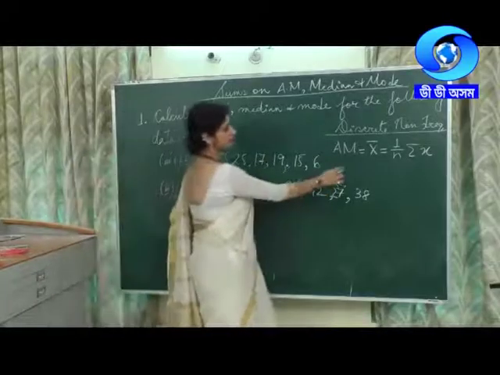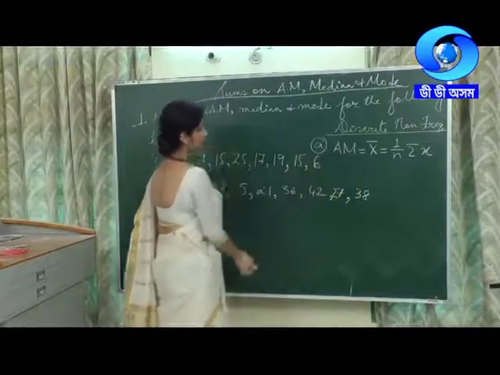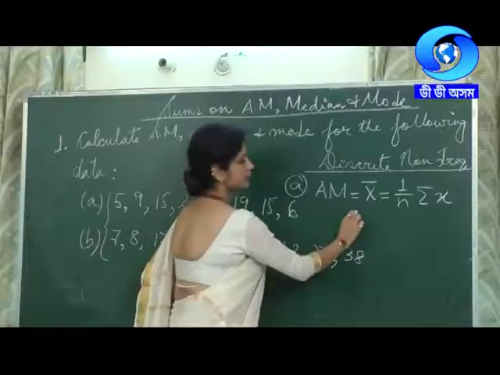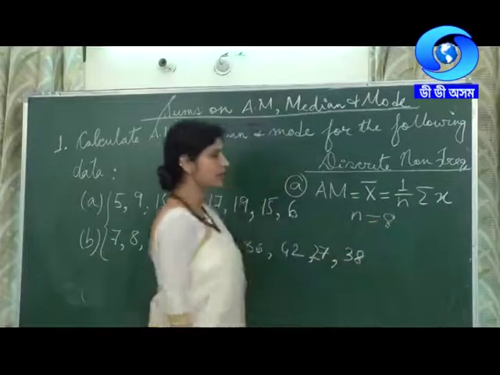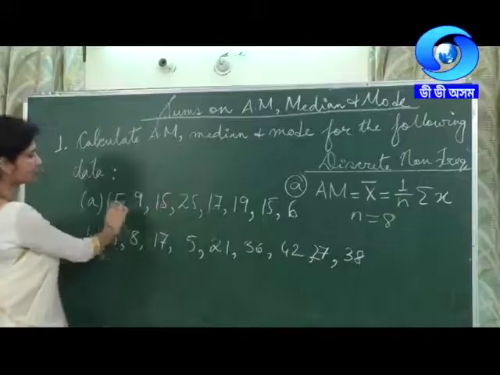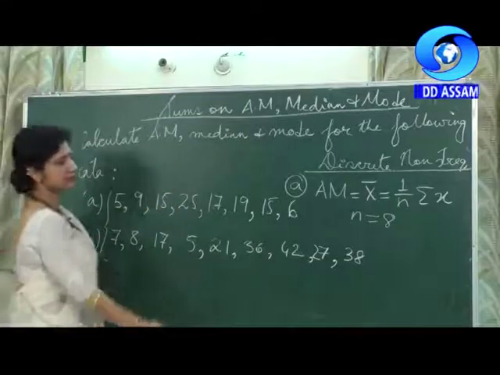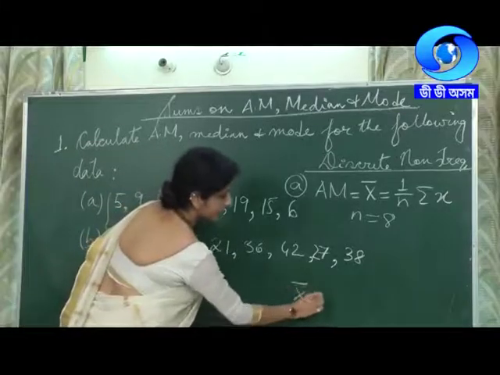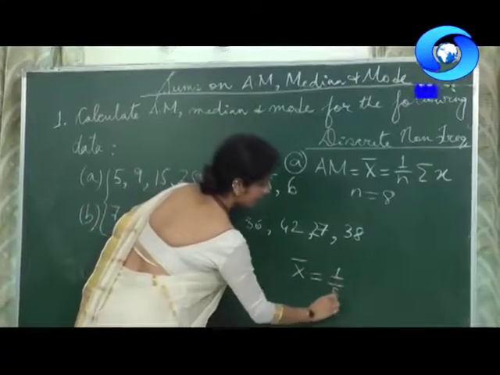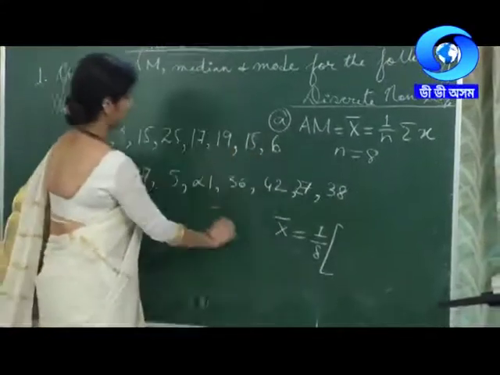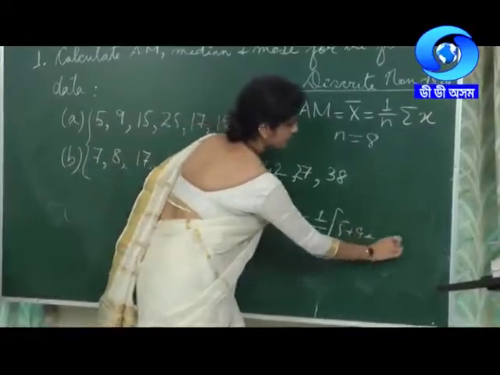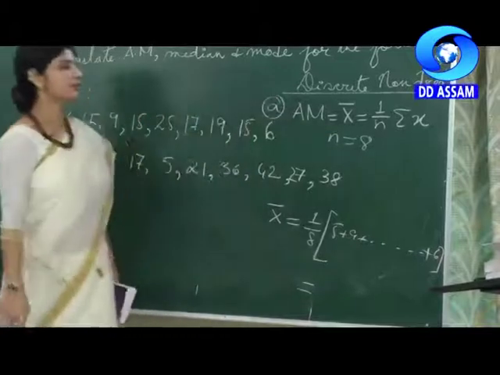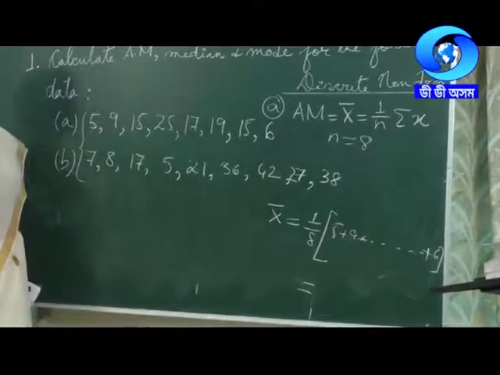Suppose this is number A. How many values are there? 1, 2, 3, 4, 5, 6, 7, 8. So here n is equal to 8. And for summation x, we have to add all these values. That is, x bar will be equal to 1 by 8 and you will add up all the values given to you, up to 6. This is very, very simple. Whatever you get will be the result for arithmetic mean.